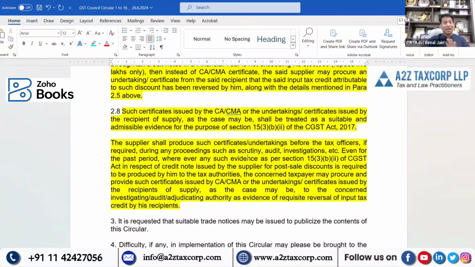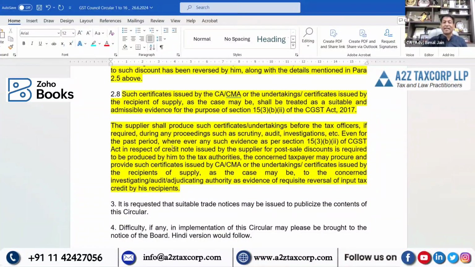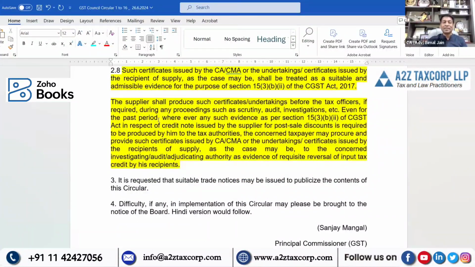So now the next doubt which will come to everyone's mind: is it going to be prospective, or can we apply the same for the past period where litigation is going on? Here is the answer. Last para. The supplier shall produce such certificate or undertaking before the tax officer, if required, during any proceedings.